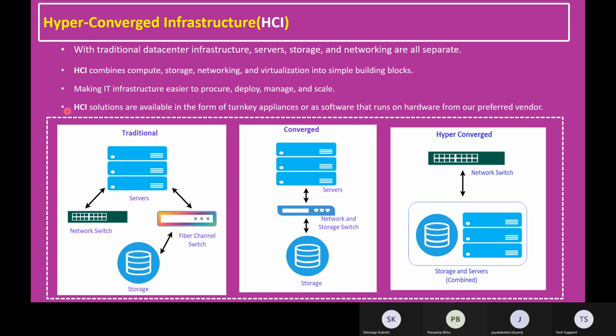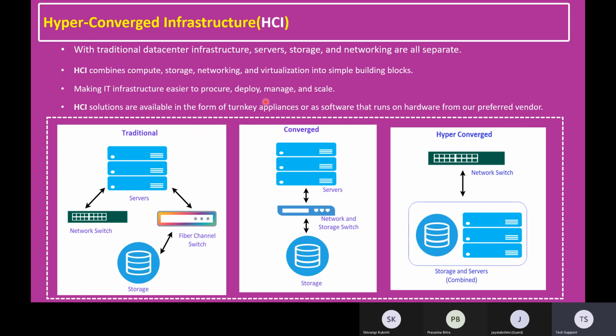Okay, and HCI solutions are available in the form of turnkey appliances. Even some companies are providing predefined HCI solutions. One example is vSAN, or you can use any other third-party virtual SAN. Even virtual SAN has some third-party competitive vendors like Nutanix. So Nutanix AOS is one of the competitor products for vSAN.